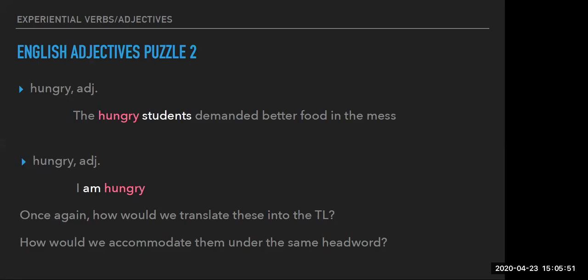When I started my MA, I could not believe that I am hungry is an adjective. Maybe I was just very stupid, but to me it could not be an adjective, because it sounds like a verb to me, right? So how would you say this? How would you say I am hungry? You might say it in different ways, but how would you say it in your language?